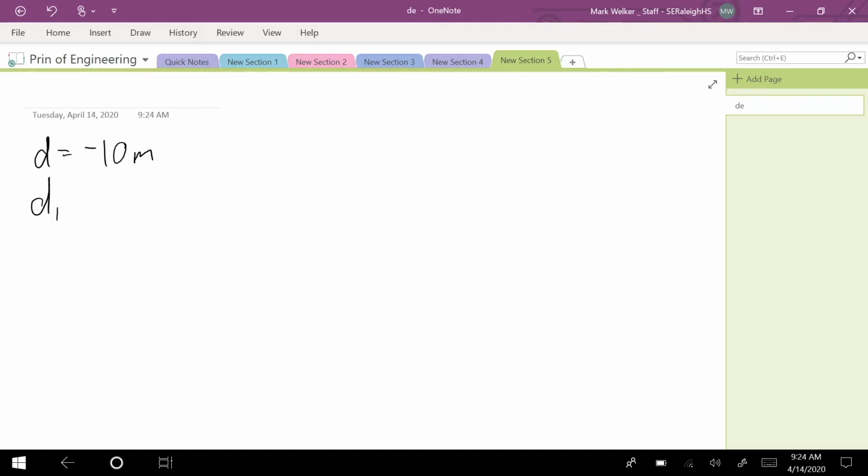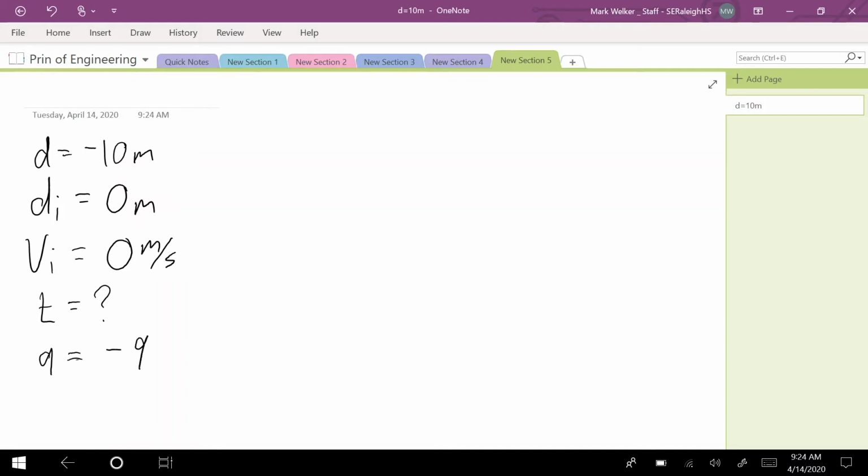The initial distance, our starting point, is going to be our origin of 0 meters. We know that the initial velocity is 0 meters per second because that's going to be the vertical movement, not the horizontal. Time is an unknown factor, and our acceleration, basically our gravitational pull, is negative 9.82 meters per second squared.